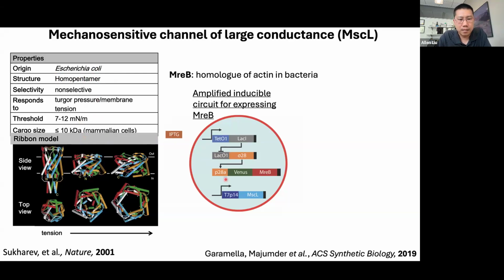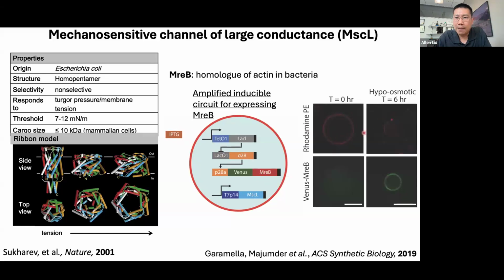This is a study we published a number of years ago, where we encapsulate a couple of gene circuits. This circuit produces MreB, which is a homolog of actin. It also produces MscL, the mechanosensitive channel. The idea is that under hypoosmotic conditions, the inducer for the circuit can enter, thereby producing the MreB that will essentially arrange on the GUV.